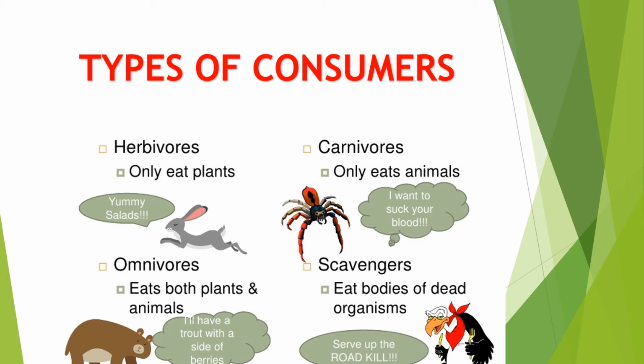First is herbivores. They eat only plants. Second is carnivores. They eat only animals. Third is omnivores. They eat both plants and animals. And fourth is scavengers. They eat bodies of dead organisms.